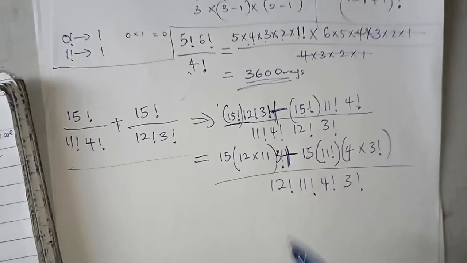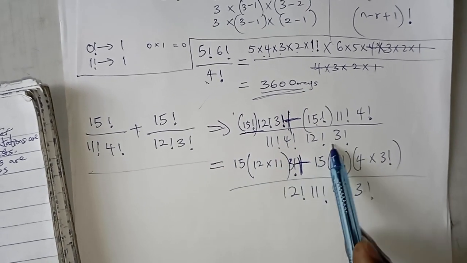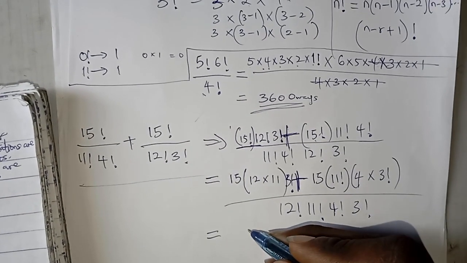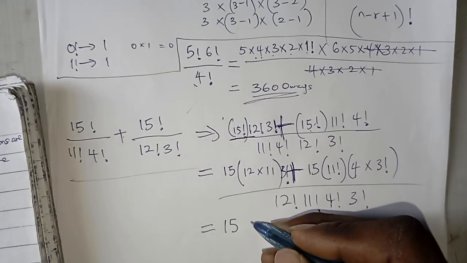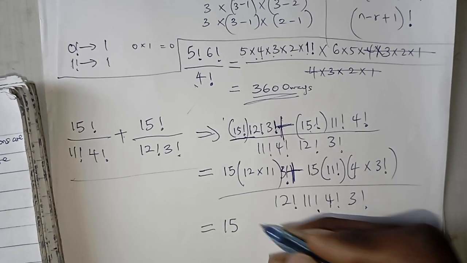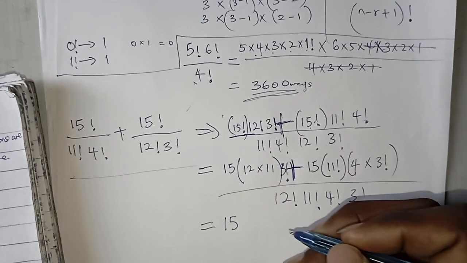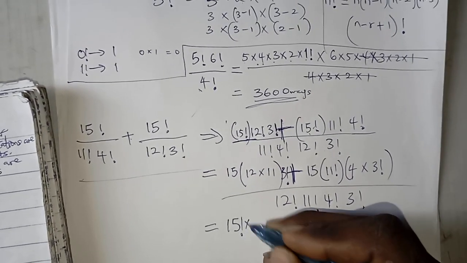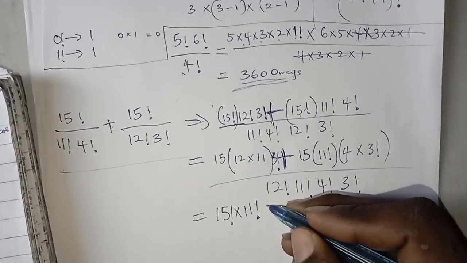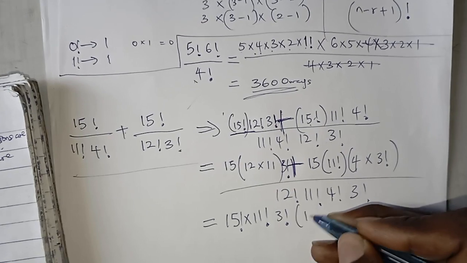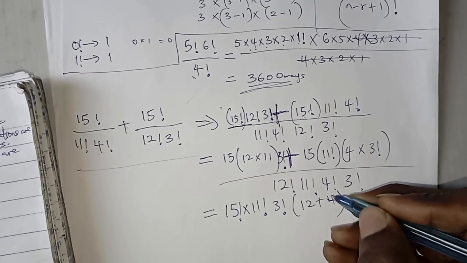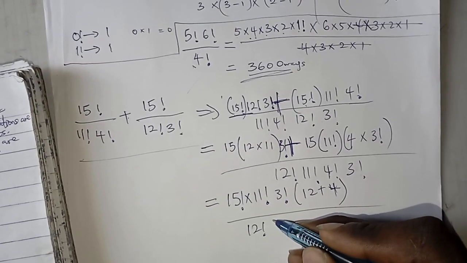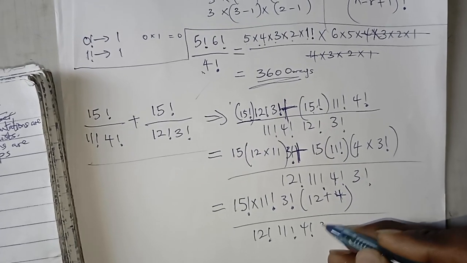So notice that here what I'm doing is just trying to bring it to have the highest before the lowest. So this should give me 15 into, let's check, 15 into 15 factorial into 11 factorial, then 3 factorial into 12 plus 4, all over 12 factorial into 11 factorial, 4 factorial, 3 factorial.